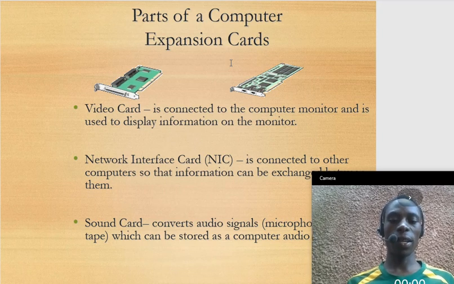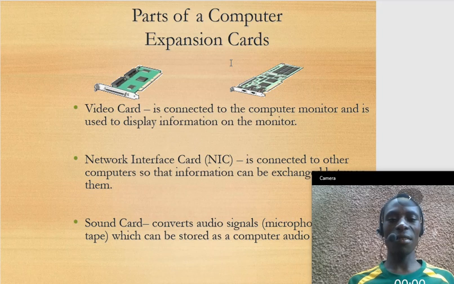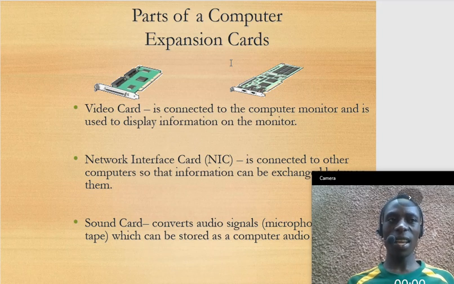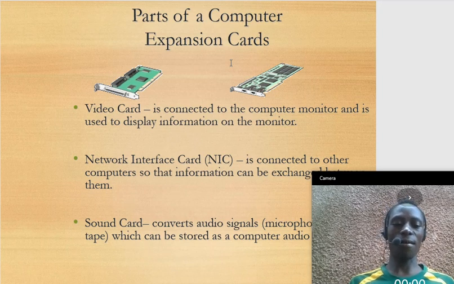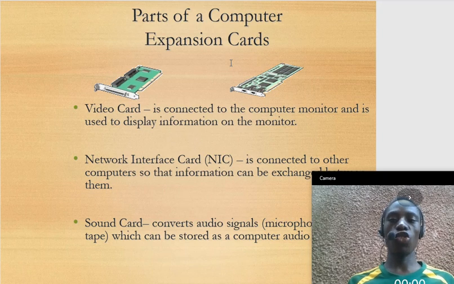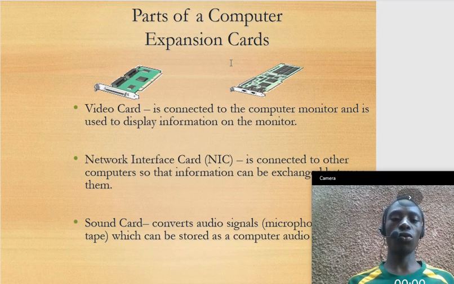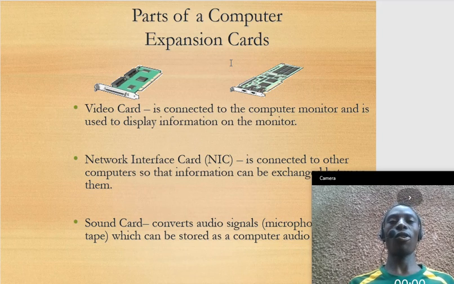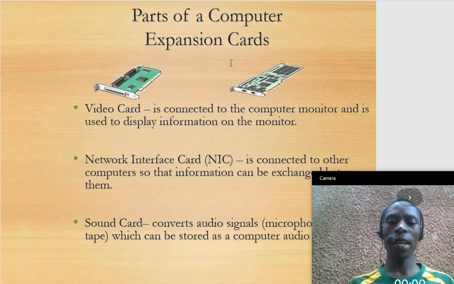So expansion cards are parts of the computer, and they are of different kinds. For example, here we're looking at the video card. Assuming you have your computer, you're playing music, you want to watch a video, but it can't read the video. The song you have is in the video format, MP4.